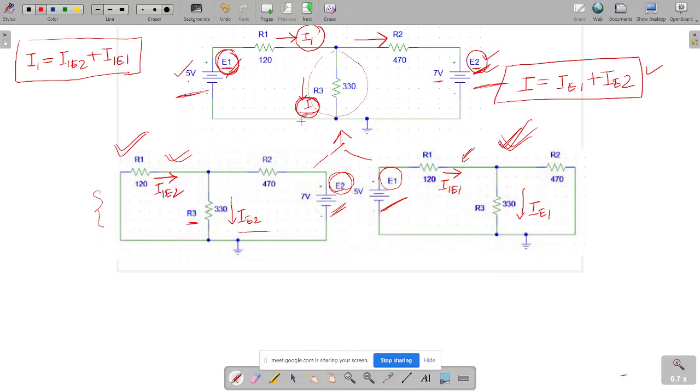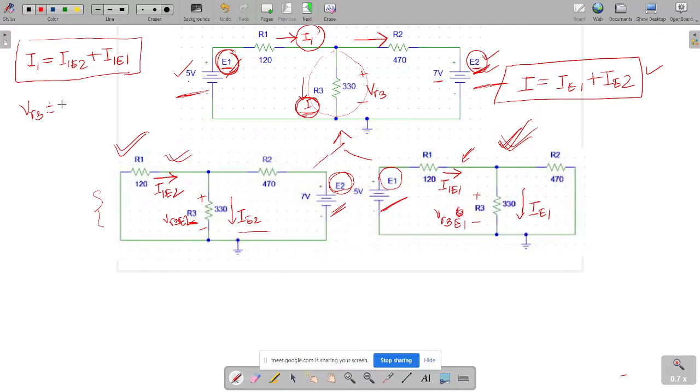Okay, and it's not only applicable for currents, you can also apply the superposition theorem for finding out the voltages as well. So let us consider the voltage across this resistor is VR3. This VR3 will also be a combination of VR3 due to E2 and VR3 due to E1.